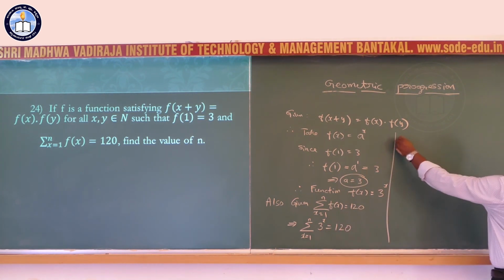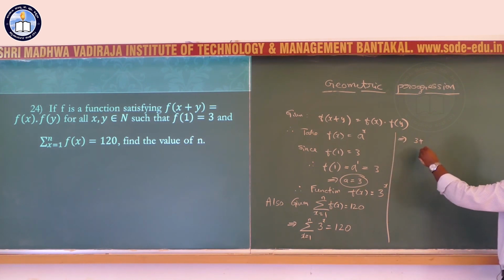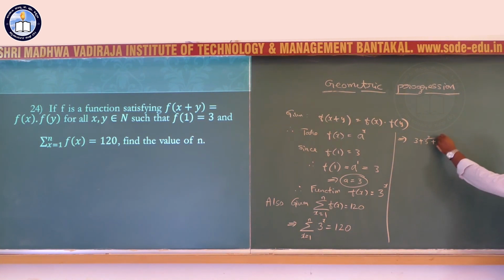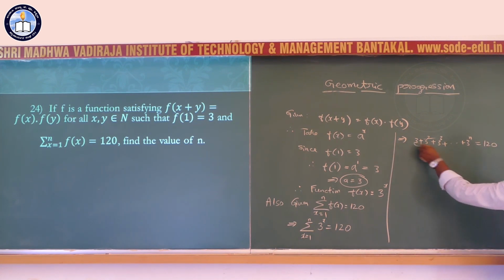I take x equal to 1, then 3 power 1, 3, plus 3 square (x equal to 2), 3 cube (x equal to 3), up to 3 power n equal to 120. This series is in GP with first term 3, common ratio is also 3.